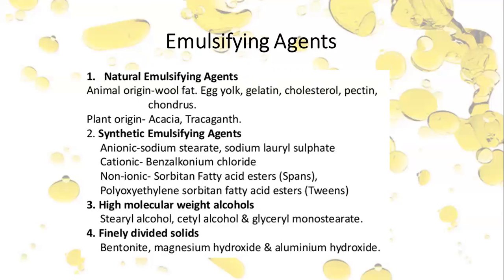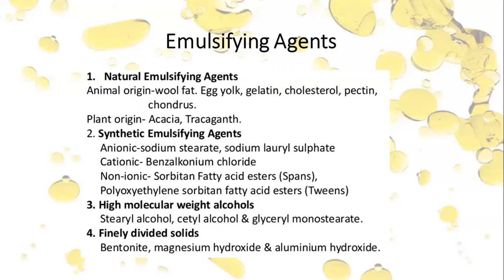One emulsifying agent cannot produce a stable emulsion. For that reason, you use two or more emulsifying agents side by side. So along with the gum acacia, here we also use tragacanth, agar, pectin, which increase the viscosity of the dispersion medium, so that creaming does not take place.